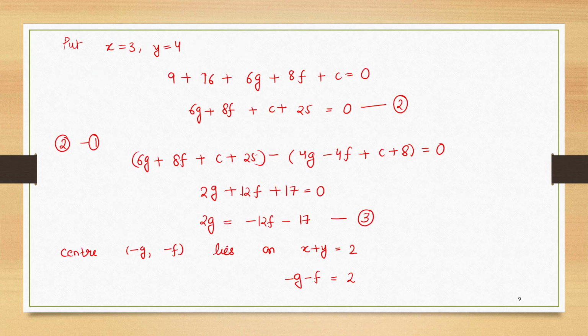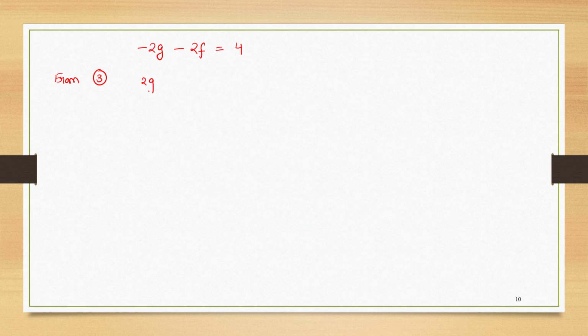So we get minus 2g minus 2f is equal to 4. Also, from equation 3, we have 2g is equal to minus 12f minus 17, or 2g plus 12f is equal to minus 17.